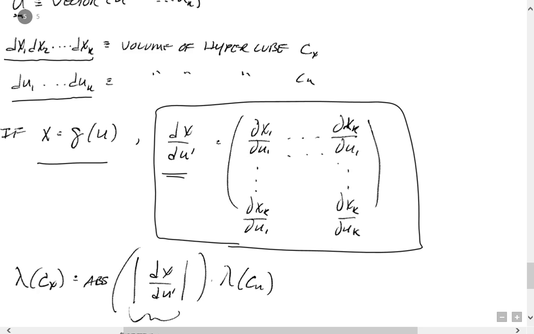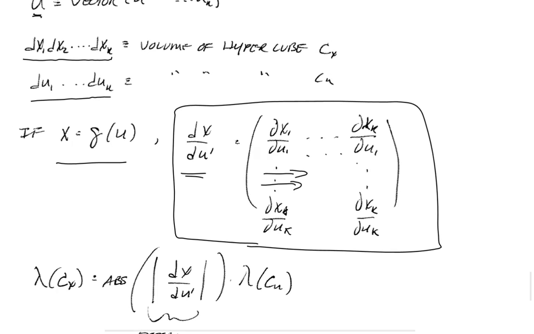Keep going through each of these columns until you get x1 with respect to uk and xk with respect to uk. And this will give you a matrix of derivatives.